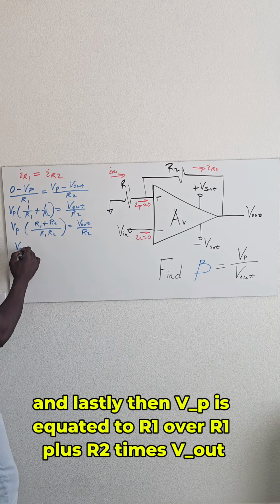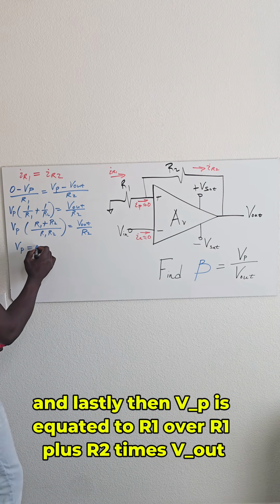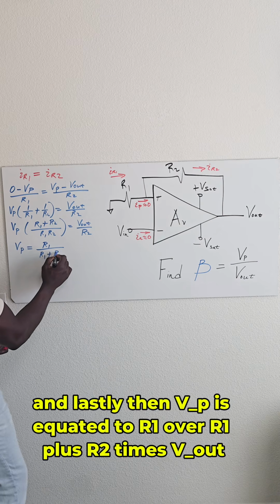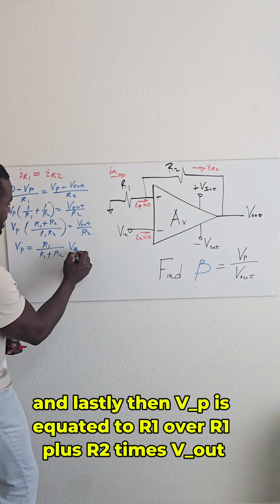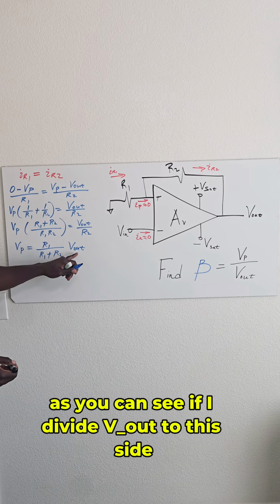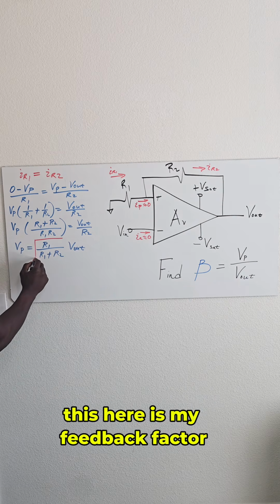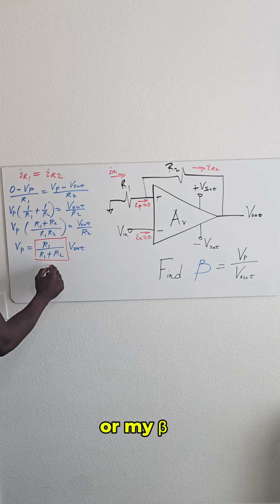And lastly, Vp is equated to R1 over (R1 plus R2) times Vout. As you can see, if I divide Vout to this side, this here is my feedback factor, or my beta.